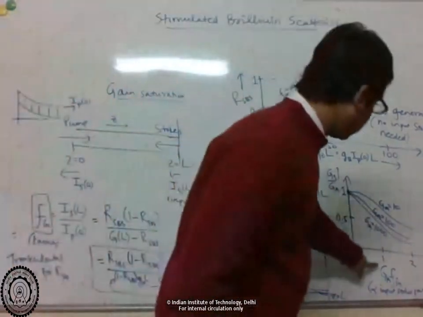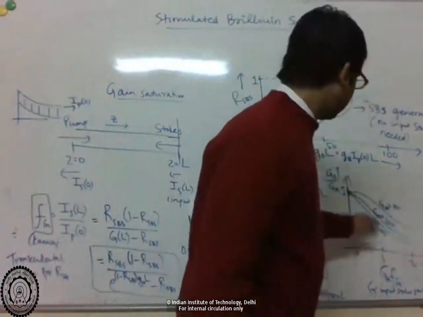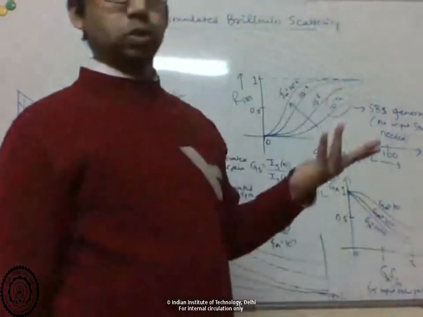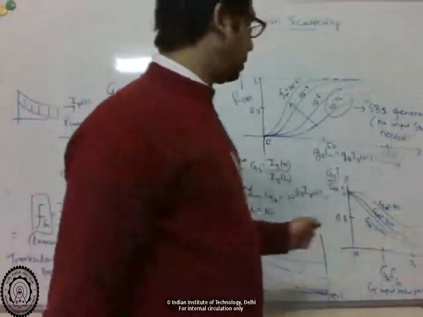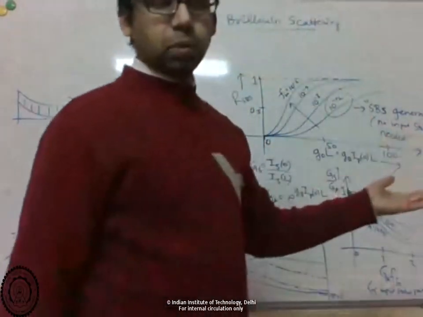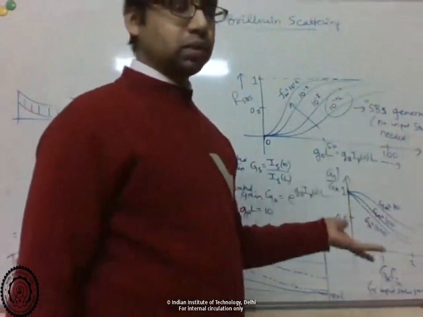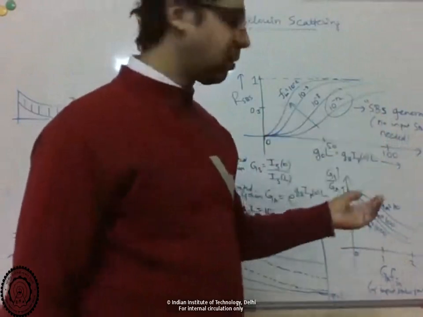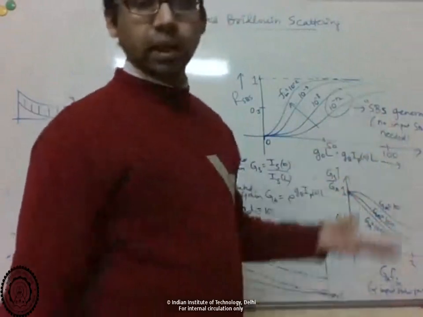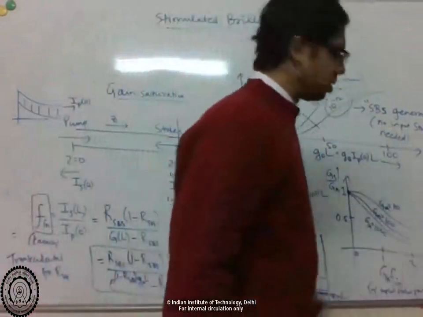On the x-axis I'm increasing input Stokes power. If this was flat, then output Stokes power is scaling with my input Stokes power, constant gain. But I cannot have constant gain because for a constant input pump power, once my output Stokes power starts becoming comparable to my input pump power, the gain has to reduce because I can't exceed my input. That's the pump depletion.